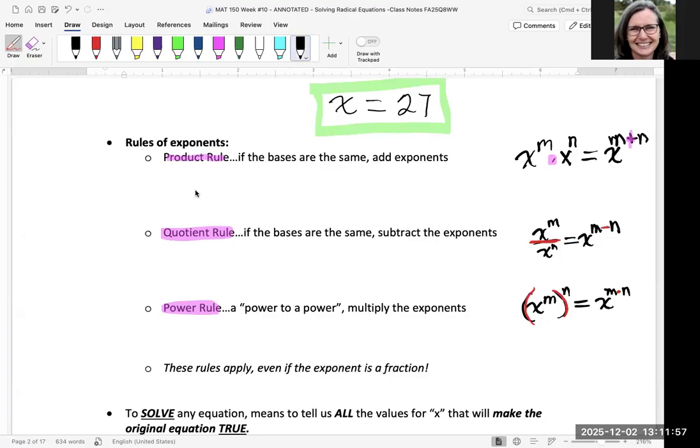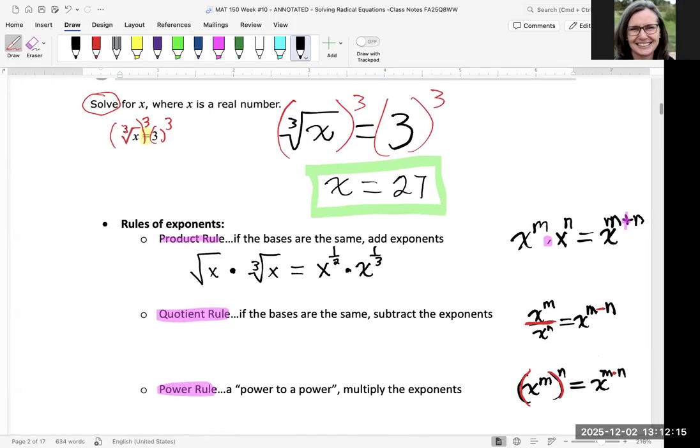So if I have the square root of x times the cubed root of x, I can rewrite that as x to the 1/2 power times x to the 1/3 power. Again, you can pause the video and go back if that's not clear yet.